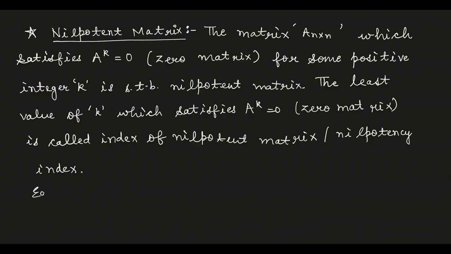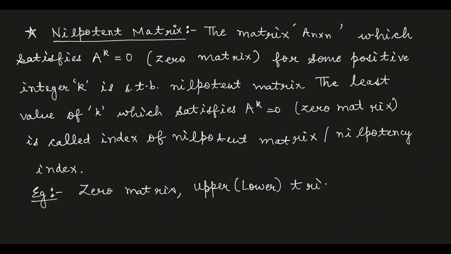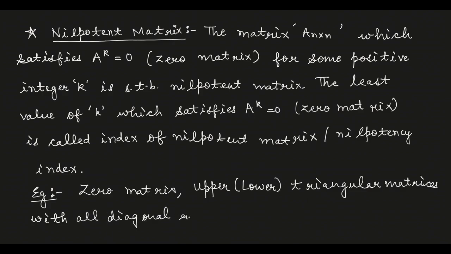For example, the zero matrix, or an upper or lower triangular matrix with all diagonal entries zero.